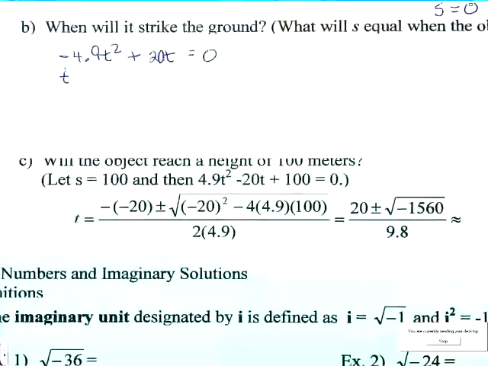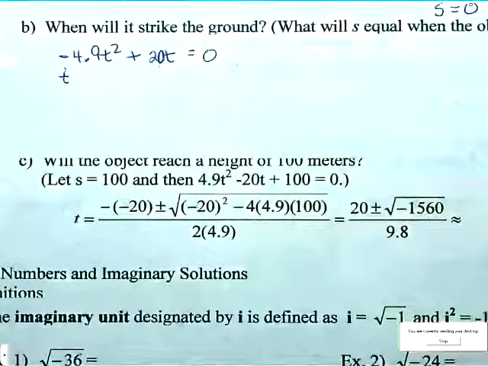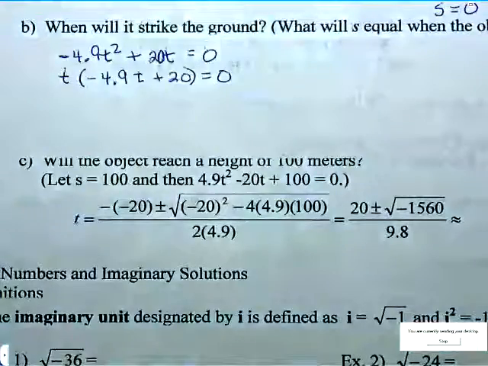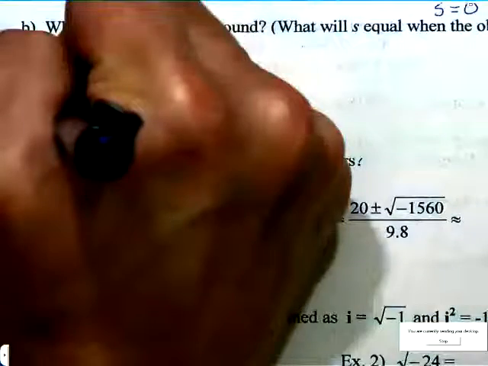It's not that you can't use the quadratic formula. It's that you'd make your life a lot easier if you realize that this will factor. And then you set each factor equal to 0.